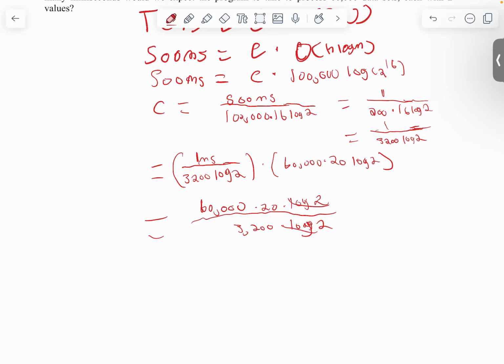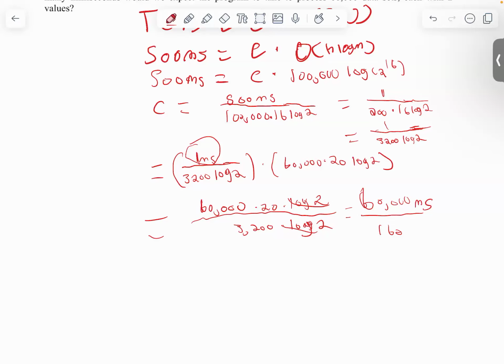We keep the 60,000 at the top, the 20 reduces to 1, and we have 160 at the bottom, with the millisecond moved here.